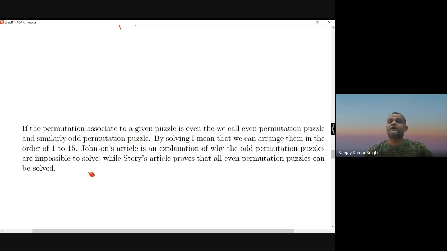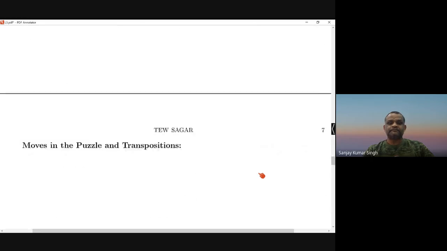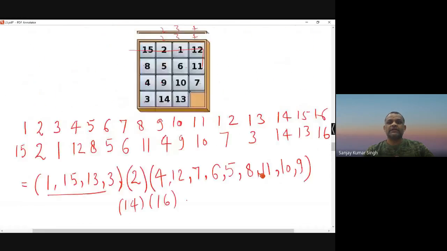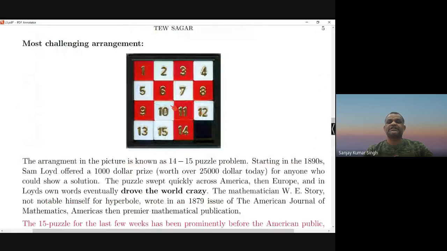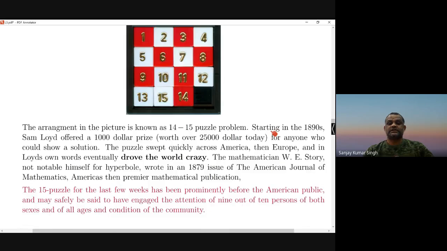In Story's article, he proved that all even permutation puzzles can be solved. So both papers tell you when you can solve and when you cannot. I will consider this particular configuration and prove that this is not possible, and it will also give you a hint for the general case.